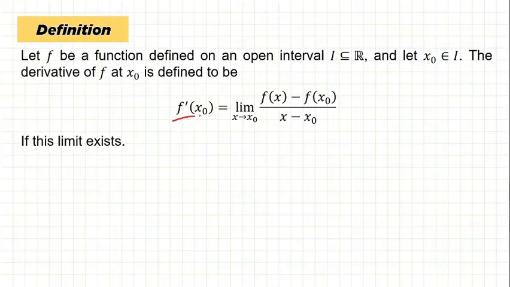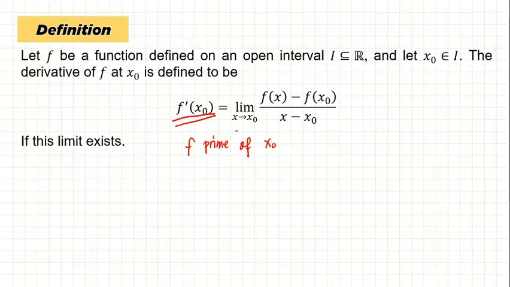This is read as the derivative of f at x sub o, or f prime of x sub o. And that is equal to the limit of f of x minus f of x sub o all over x minus x sub o as x approaches x sub o, if this limit exists.